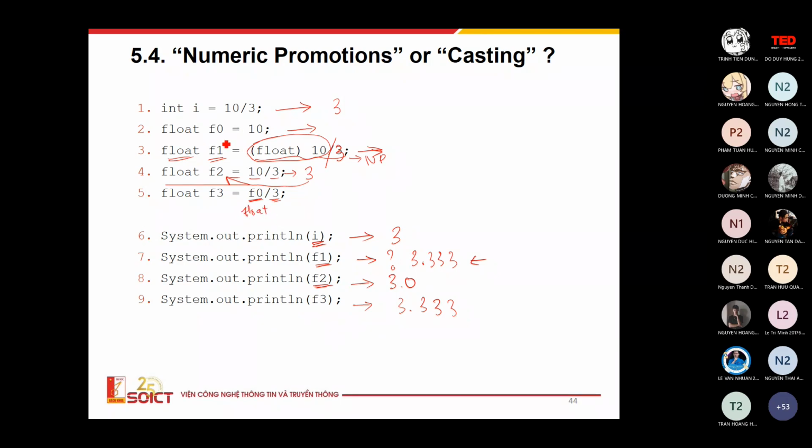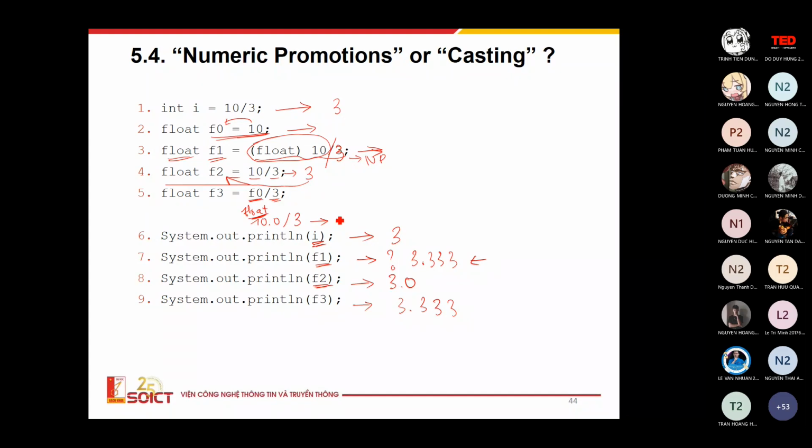So even though here you assign 10, in memory it will get the value 10.0, because it is float. Okay. So you assign it here, and then 10.0 divided by 3 will be with a numeric promotion. Yes.